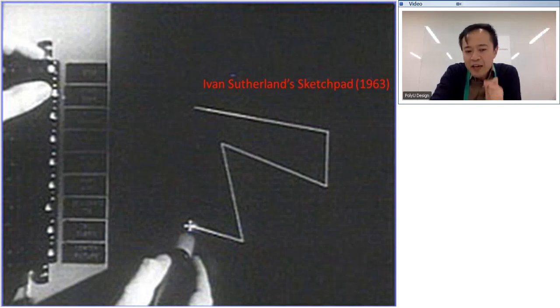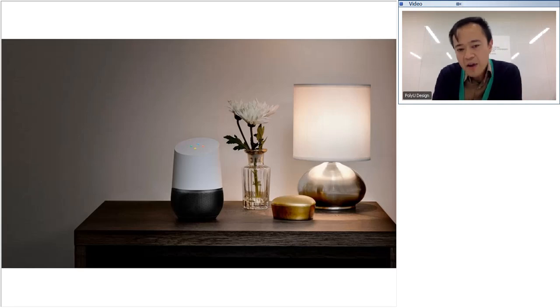But screen-based interaction is just a very first beginning of so-called human-computer interaction. Today, we all know that interactions exist everywhere, not just on screen, but embedded in our environment, everyday settings.